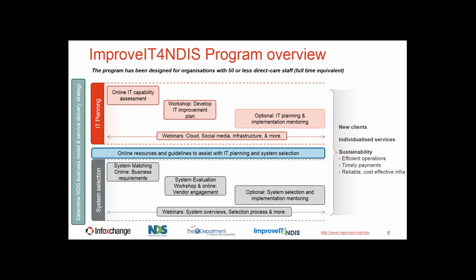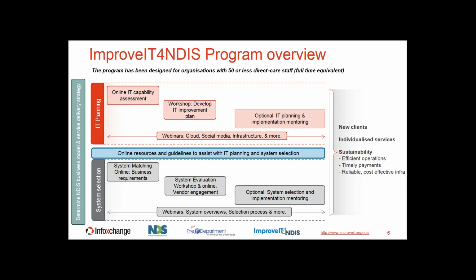The system selection follows a very similar process, where there's an online questionnaire to help understand what your requirements are and a matching process to identify some systems that might be appropriate to you. There's a system evaluation workshop, and there's the ability to engage with vendors to start to identify which systems might be right for you.